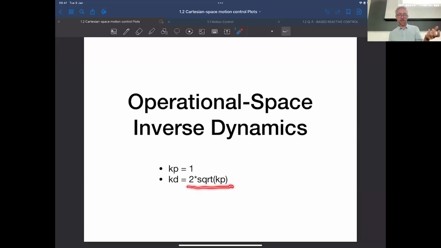This comes from an analysis of basically a double integrator dynamics. And this is the value of the derivative gain that gives you a critically damped behavior, so you reach the target without overshooting and without taking more time than you need. So it's really a sweet spot of the derivative gain.